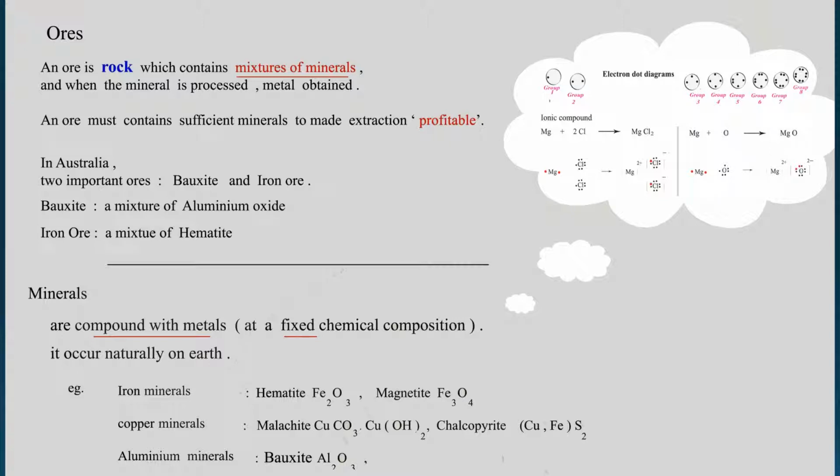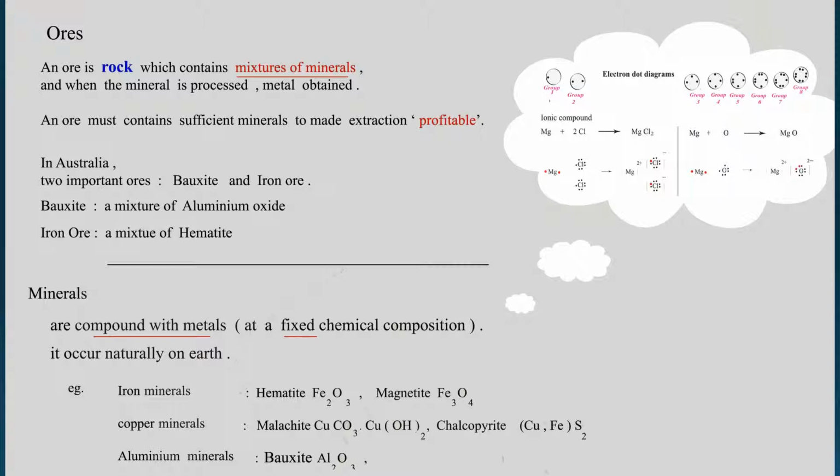So can it be MgO2, MgO3 or MgO4? No, because it's guided by this electron dot diagram rule, and so they are in a fixed chemical composition. So remember, what is mineral? A compound of metal at a fixed chemical composition.